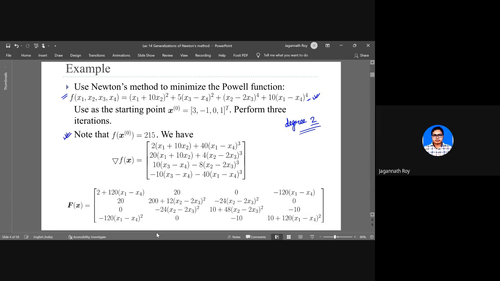So let us perform some 3 iterations. We'll calculate the gradient, and then try to find out the Hessian. The initial point is given, and we'll evaluate at x naught.